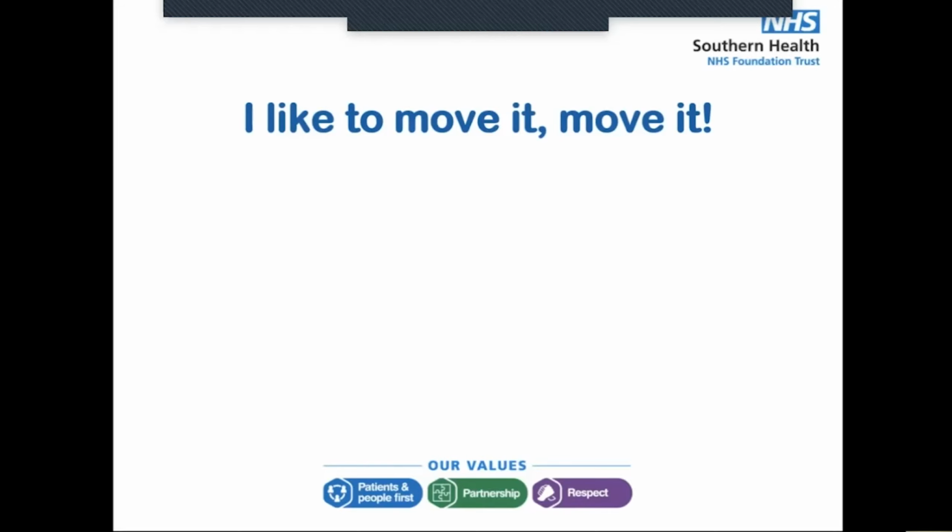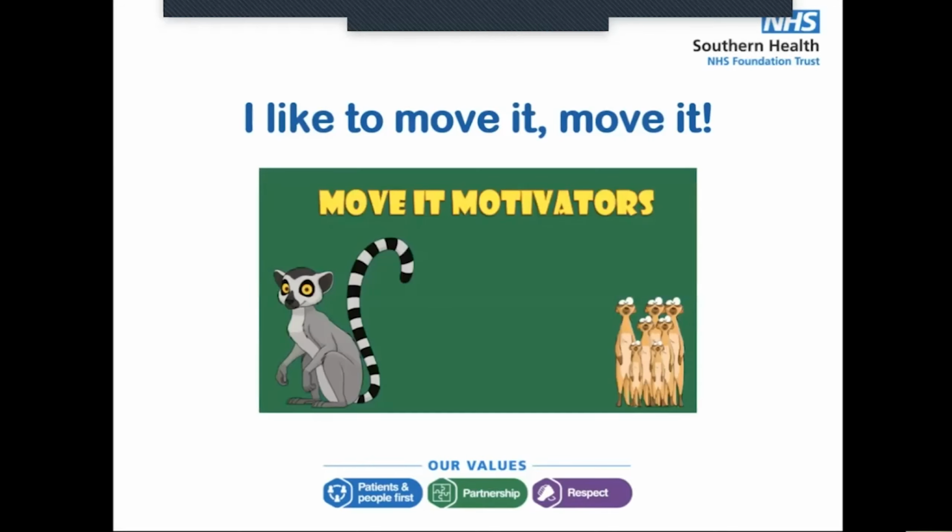So one of the teams actually came up with the name of a Move It motivator. So from then on, the staff that attended were called Move It motivators, and each home had designated members of staff that were the Move It motivators for the home. And as you can see, we have the meerkats and lemurs, which again made it a bit more fun for the staff.